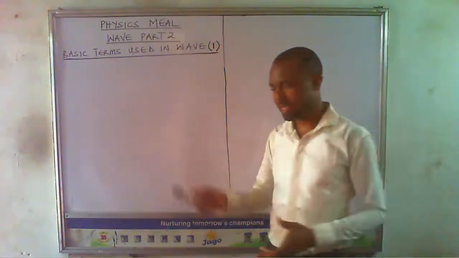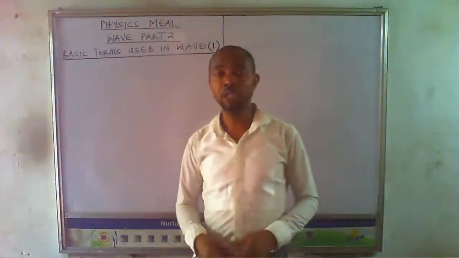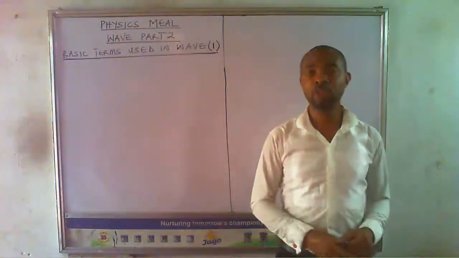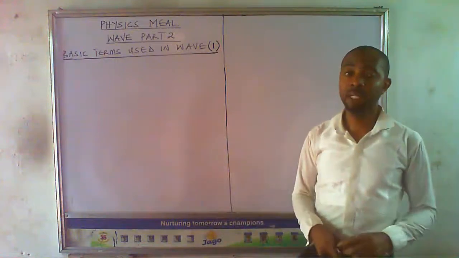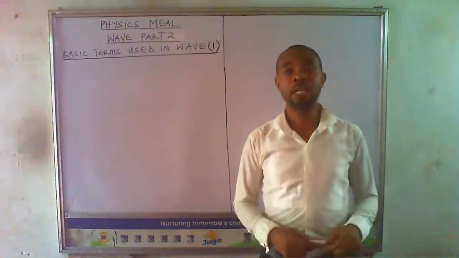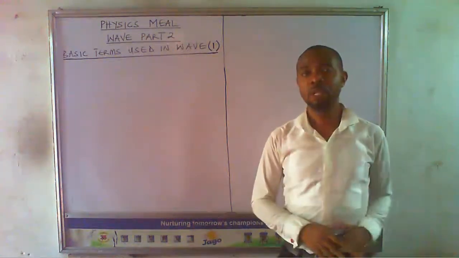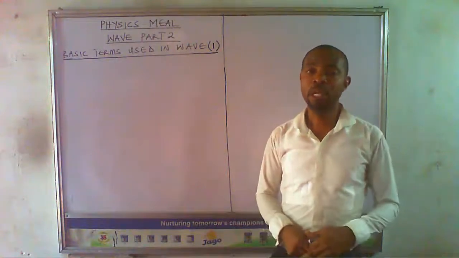Now you remember that in our first video, when we introduced wave, we took time to look at the meaning of wave as a disturbance that travels through a medium, transmitting energy without causing a permanent displacement of the particles in that medium. We discovered that during wave motion, energy is transmitted, but matter is not.